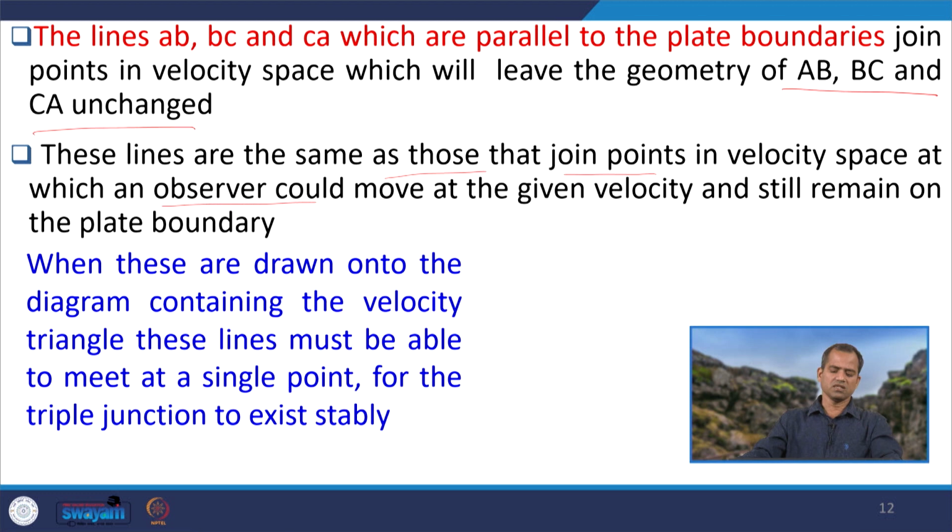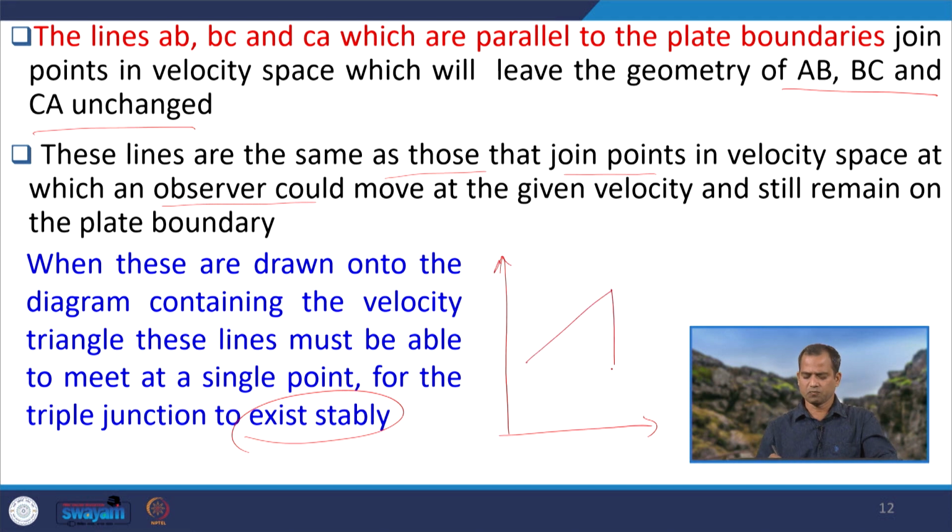When these are drawn onto the diagram containing the velocity triangle, these lines must meet at a single point for the triple junction to exist stably. So, if I create one northeast quadrant and prepare a relative velocity triangle A, B, C, and AB, for example, is a ridge, then this AB, the orientation, will be like this, because it is the perpendicular bisector; this is the orientation of this plate boundary.